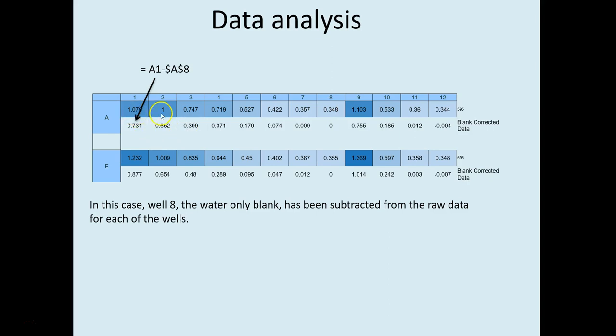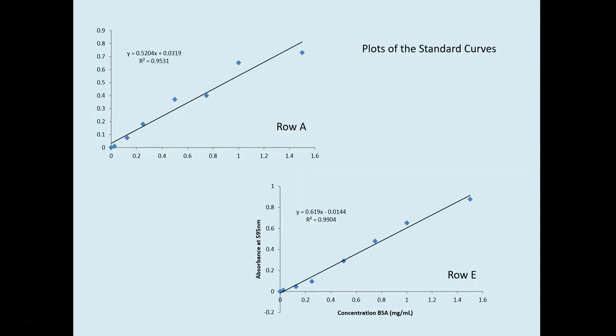So for the remaining samples, including our unknown samples, we would subtract the value from our water-only well, which in this case is well 8, and we would get our blank corrected absorbances before we can plot them into our standard curve. So we do that, and then we get our curve.